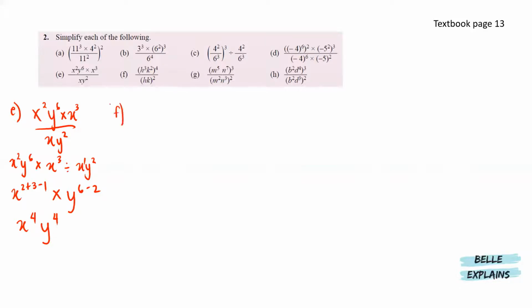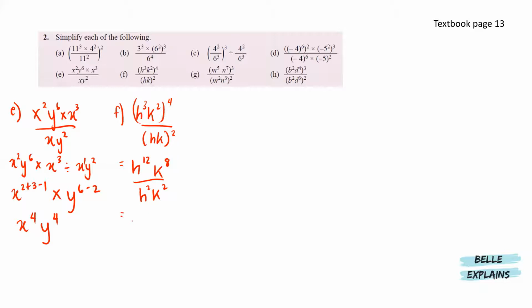For f, we have h to the power of 3, k to the power of 2, to the power of 4, and then h, k to the power of 2. So expanding the brackets, we have h to the power of 12, k to the power of 8, 12 because 3 times 4, and 8 because 2 times 4 gives us 8, over h to the power of 2 and k to the power of 2.